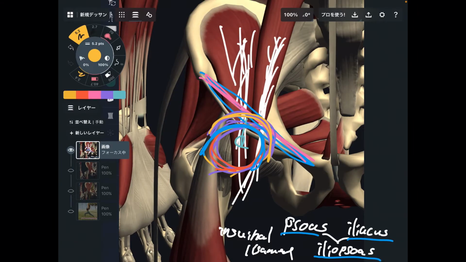And imagine there's the neck of femur like this and the shaft of femur like this. The head of femur, the hip joint, is literally very close to the inguinal ligament. This is a very good anatomical tip to palpate around the hip joint. Anyhow, iliopsoas is very close to the hip joint.